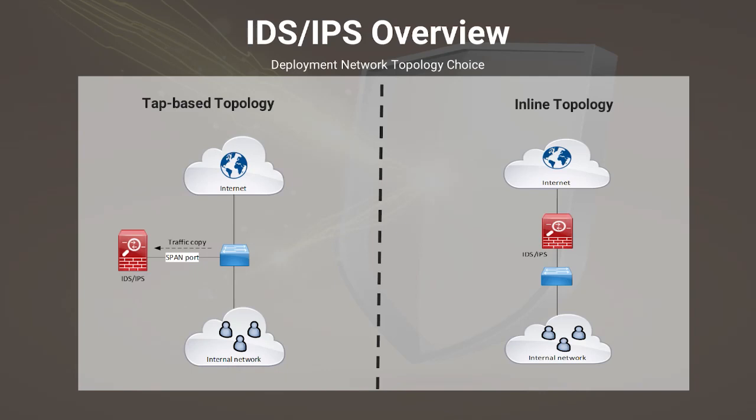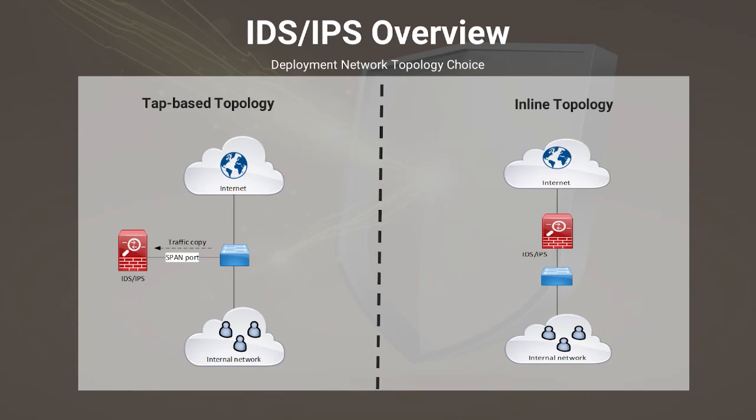On the other hand, we have the inline topology, when we are placing the IDS IPS inline in the network traffic, so traffic is actually flowing through it. And this is the most common topology nowadays because we are talking about next generation firewalls, and you will probably have a next generation firewall in this box together with the IPS, so it needs to be deployed inline.